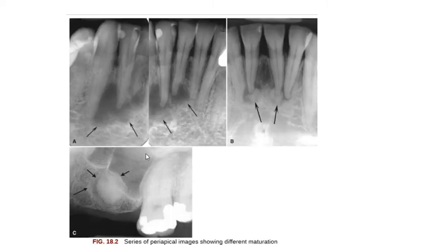So in periapical inflammatory disease, the vitality test is negative and indicates necrosis of the pulp, in contrast to periapical cemento-osseous dysplasia, which never shows a negative vitality test.